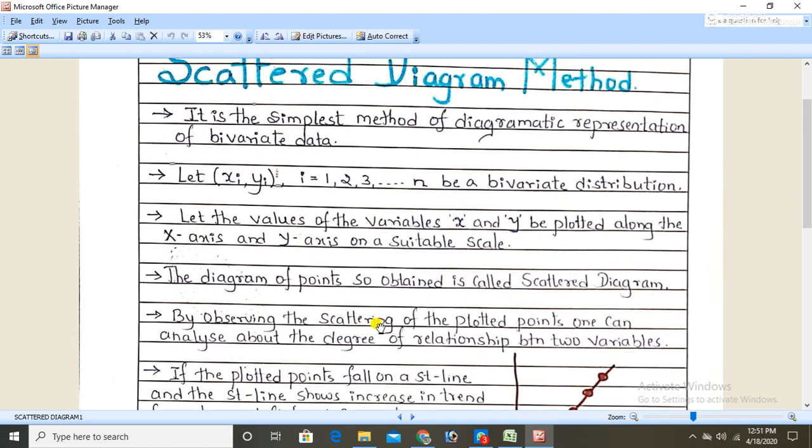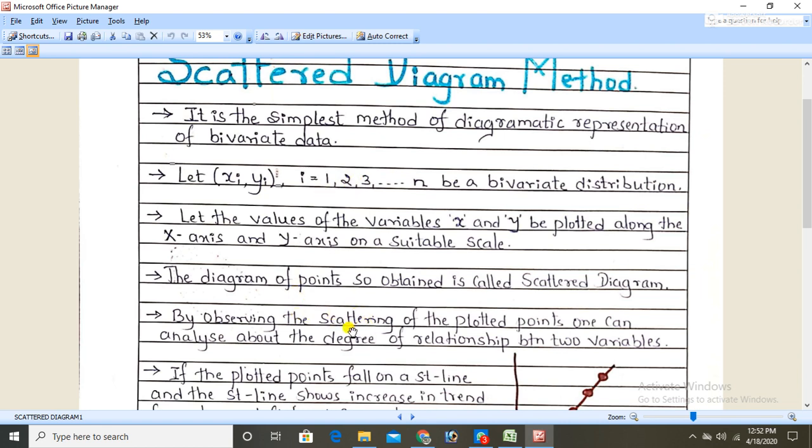By observing the scattering of plotted points, because x will not be a single value and y will not be a single value, it is xi and yi, meaning i is 1, 2, 3 up to n, there may be n values.